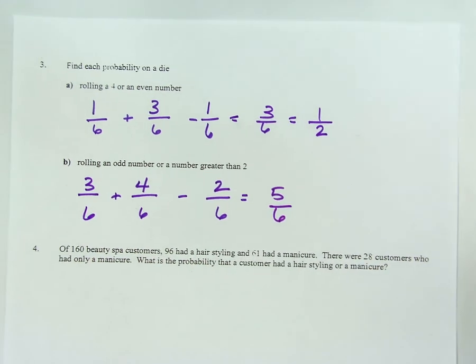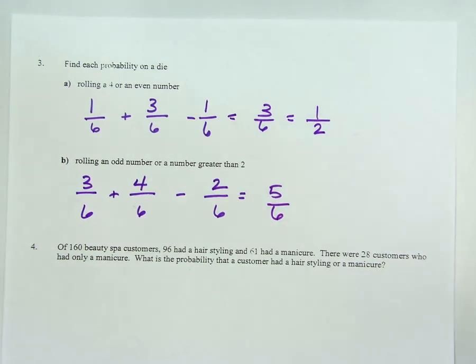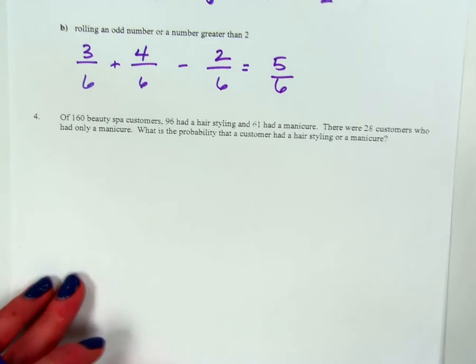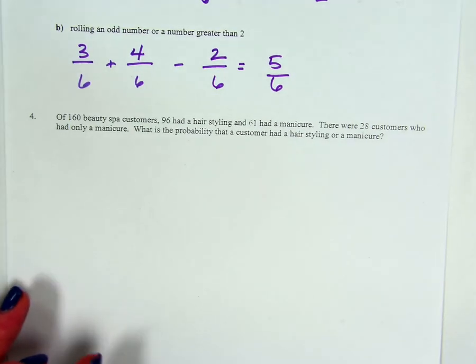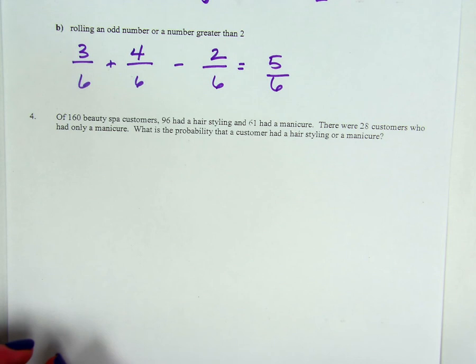And then the very last one that we have here says of 160 beauty spa customers, 96 had a hairstyling and 61 had a manicure. There were 28 customers who had only a manicure. What is the probability that a customer had a hairstyling or a manicure? So let's look at the total number of all of our customers.